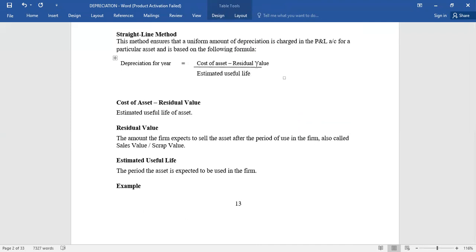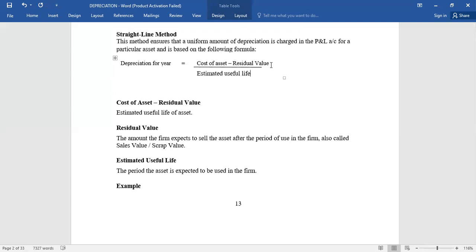So when we are talking of the cost of the asset, we are talking of the cost at which we acquired that asset. Residual value is the scrap value, or the amount the firm expects to sell at if they want to sell.